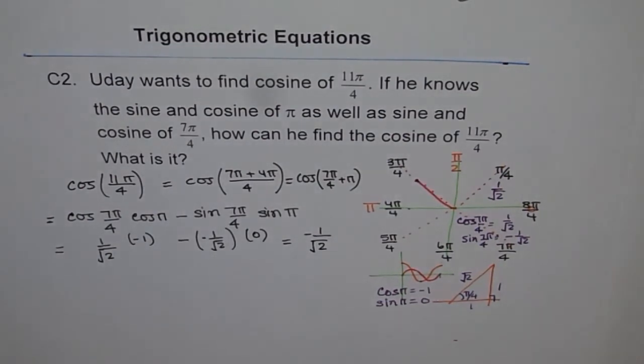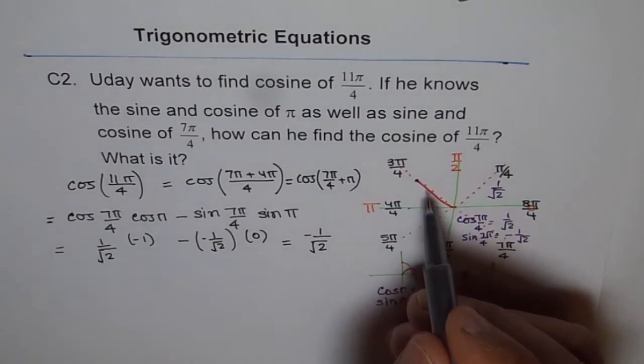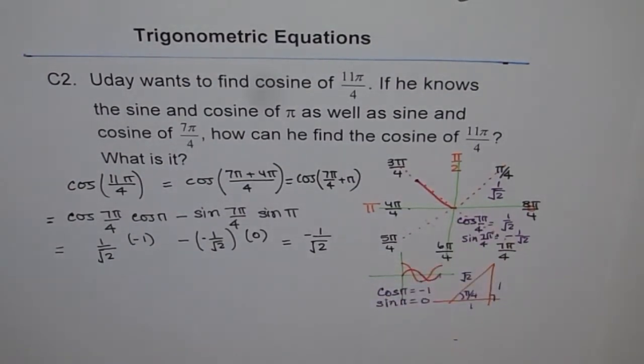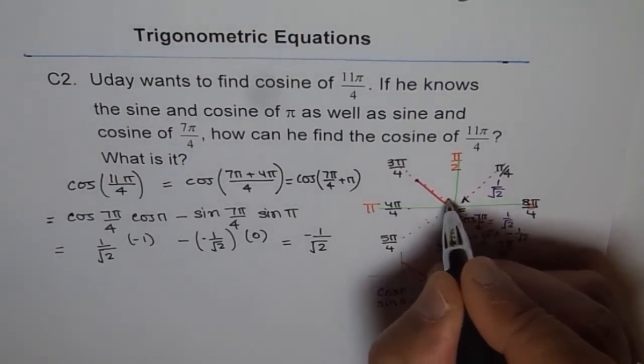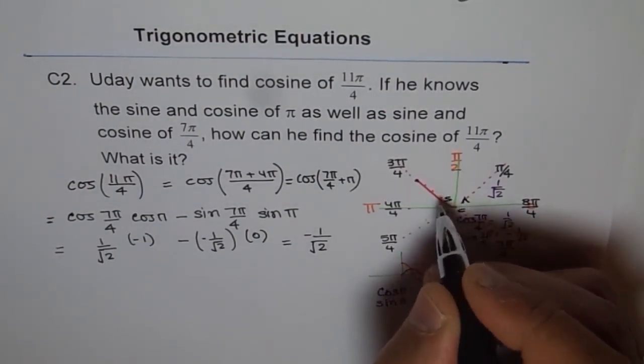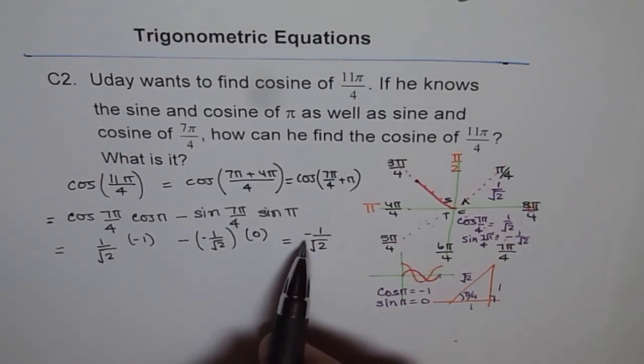Now let's check. We found that 11 pi by 4 was in this quadrant, right? And as per the CAST rule, cos is negative here, so we expected a negative answer, which we did get.